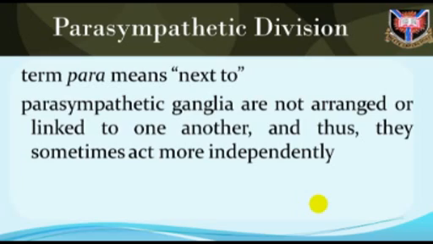The parasympathetic ganglia are not arranged in a chain near the spinal cord. Instead, long axons extend from the spinal cord to parasympathetic ganglia in the organs themselves. Because the parasympathetic ganglia are not linked to one another, they sometimes act more independently than the sympathetic ganglia do.